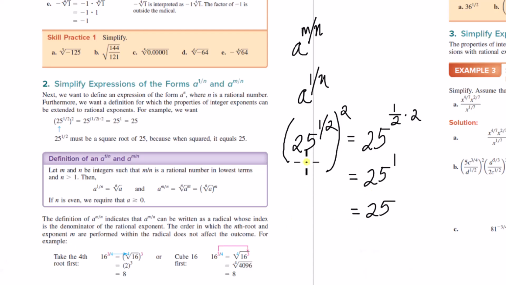So 25 to the 1/2 power is a square root of 25. That's exactly what this is saying: 25 to the 1/2 is a number that when you square it, you get 25.